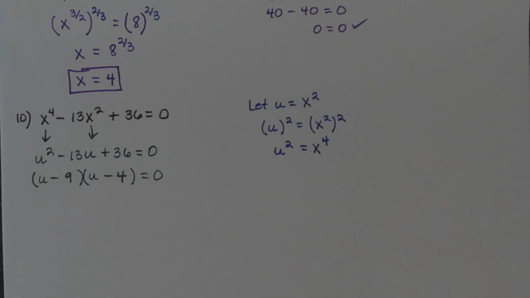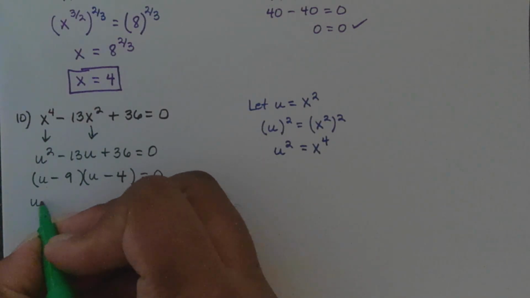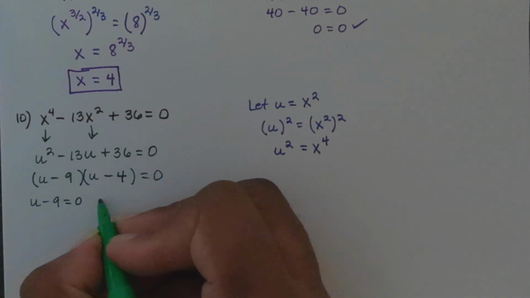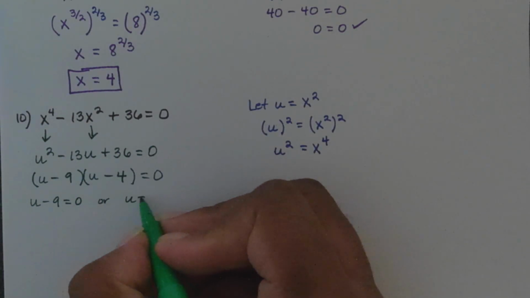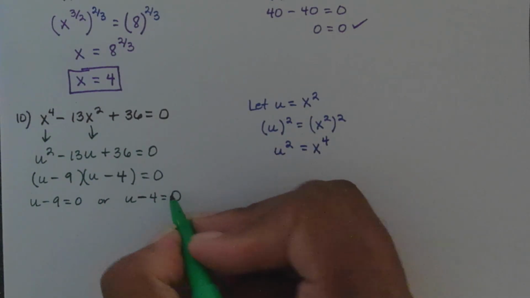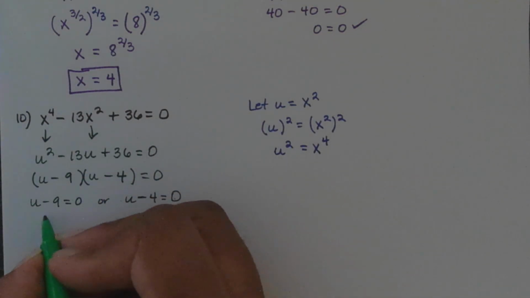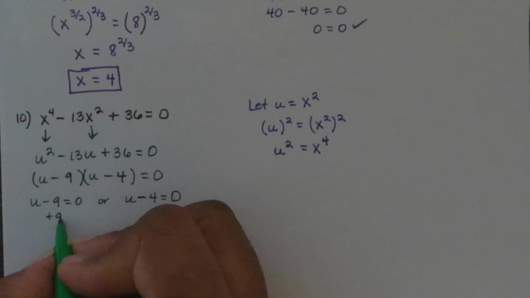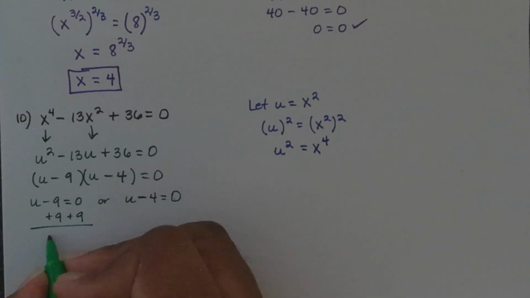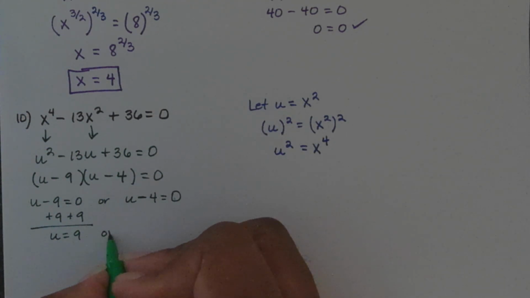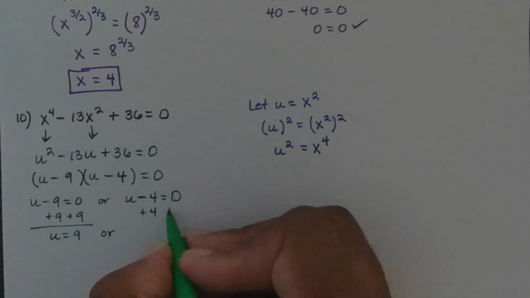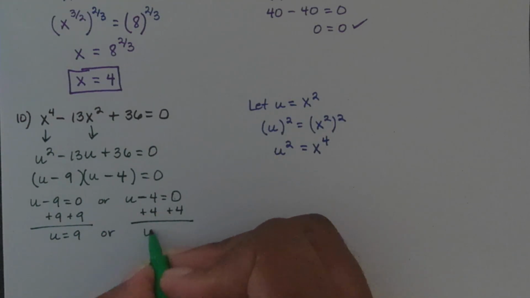Then we set each binomial factor equal to 0. So u minus 9 equals 0, or u minus 4 is equal to 0. The next step is to solve for u. For u minus 9 equals 0, u has to be equal to 9. And for u minus 4 equals 0, u has to be equal to 4.